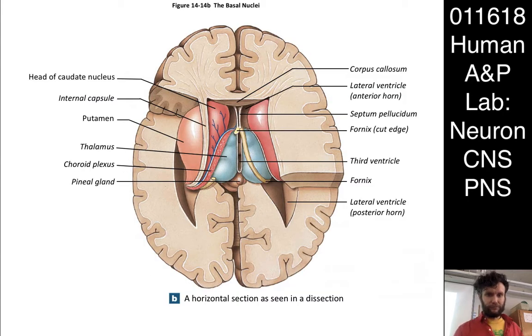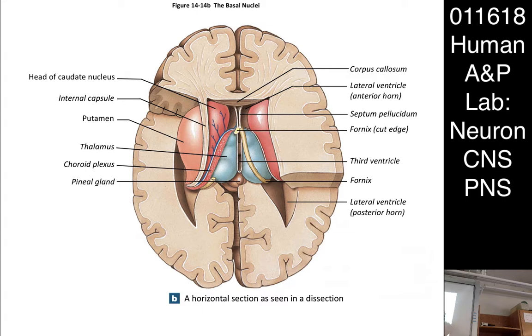So here is the transverse section. And we have the head of the caudate most medially. You can see here fornix. This would be part of the septum pellucidum.